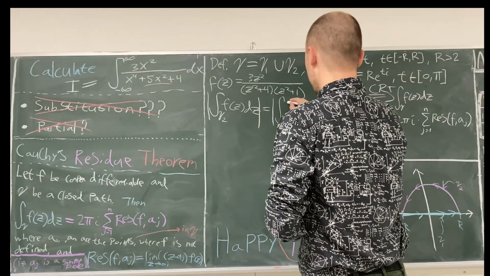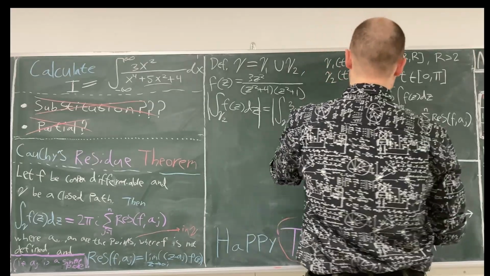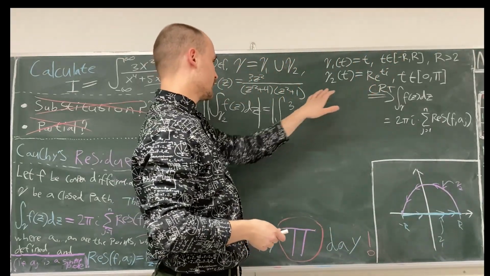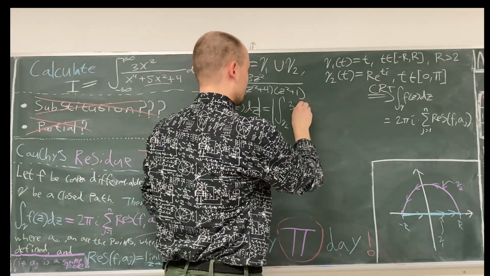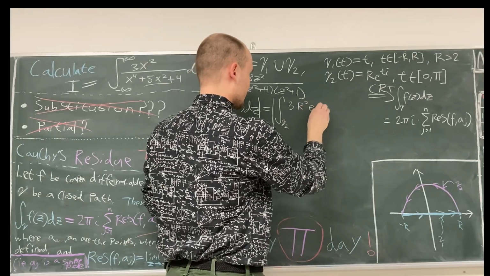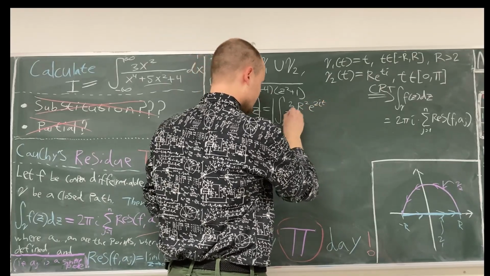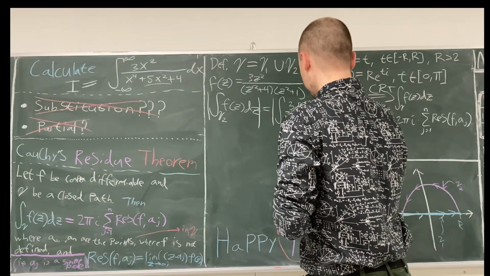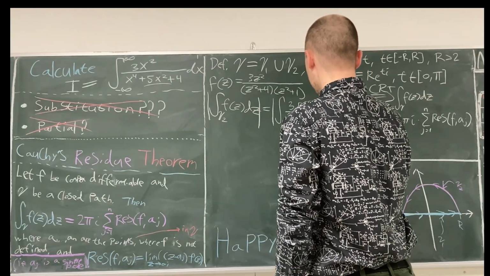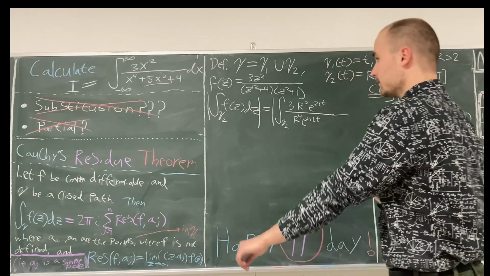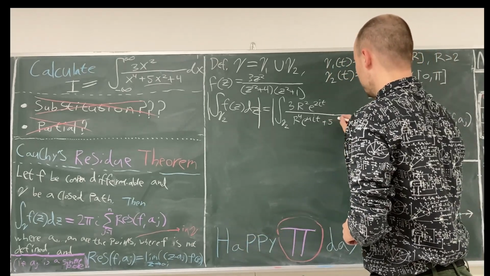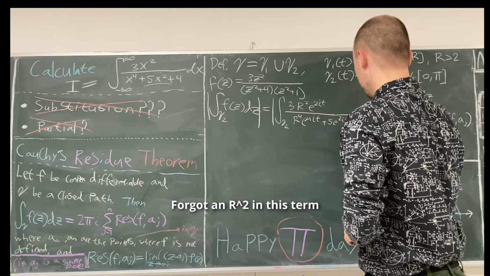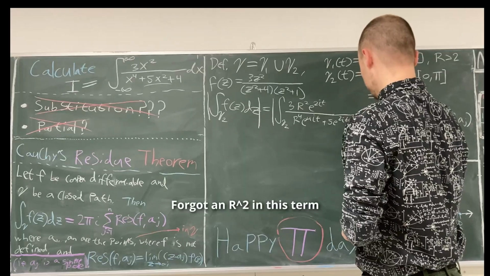So we're going to have 3, and then we're going to insert gamma 2 of t in z's place. So we're going to have 3r squared e to the 2it all over r to the 4th, and then e to the 4it plus 5e to the 2it plus 4 dt.